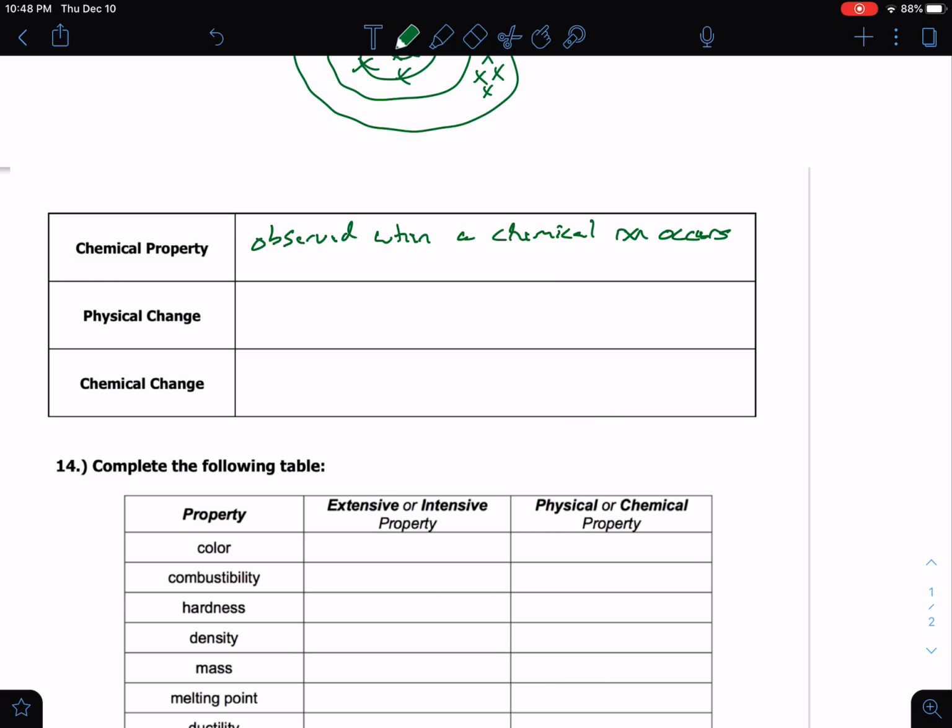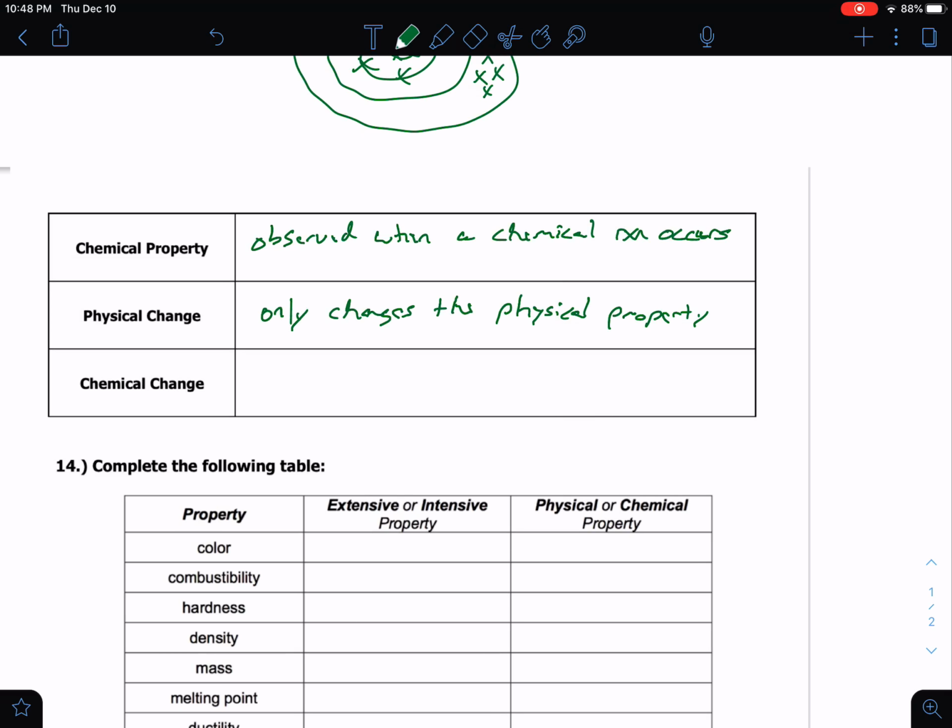A physical change is basically a change which changes only the physical property of the material. So that would be something like melting an ice cube. We changed the physical property of it, but we didn't change it into anything else.